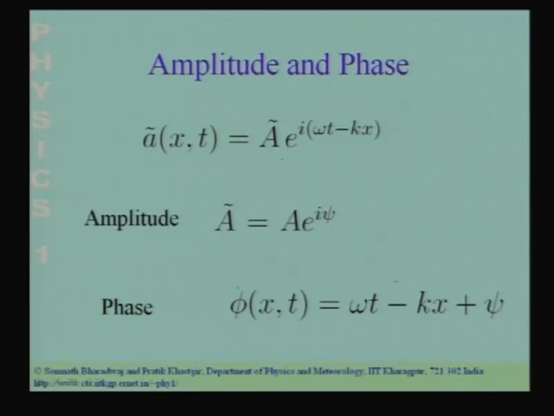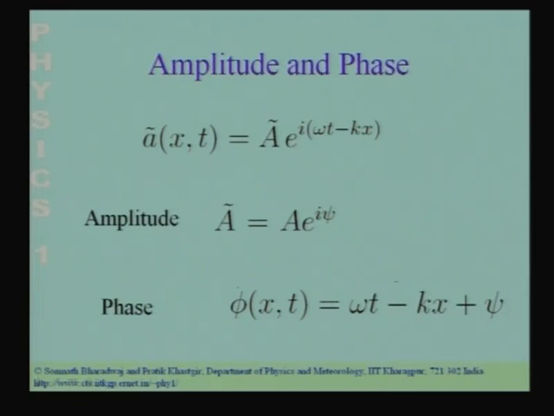It has an amplitude. The amplitude is the constant which occurs outside this whole thing. In this case, it is the complex amplitude. We also have two constants which appear in this expression, omega and k. Omega is the angular frequency.